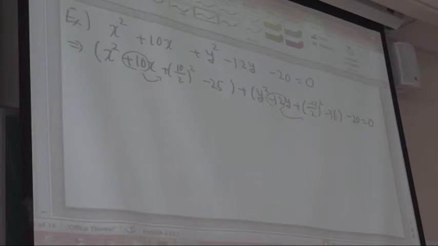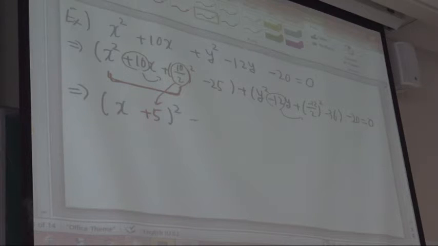Then the first 3 terms will change into the complete the square format, which is x and something squared, but that number is the same as this number, which is +5.